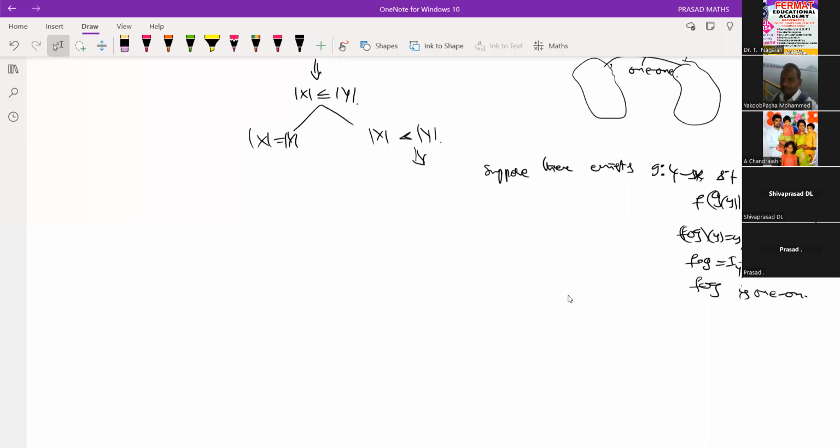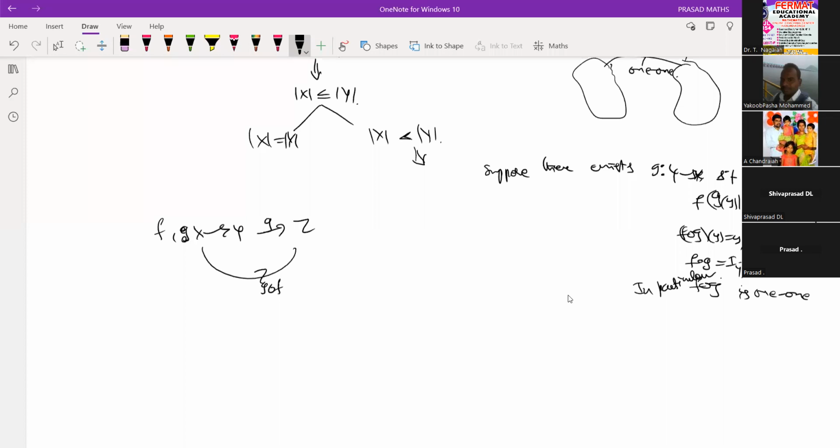In particular, it is a 1-1 function. Actually it is a bijection, but in particular it is 1-1. Whenever f and g are 1-1 functions, suppose f is a function from X to Y which is 1-1, and g is a function from Y to Z which is 1-1, then the composition is always a 1-1 function.